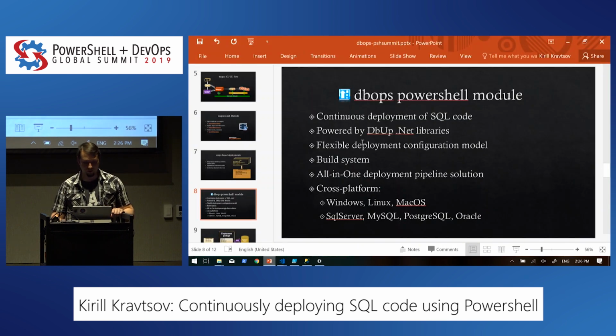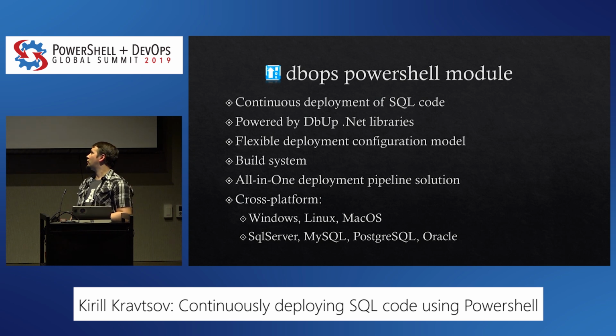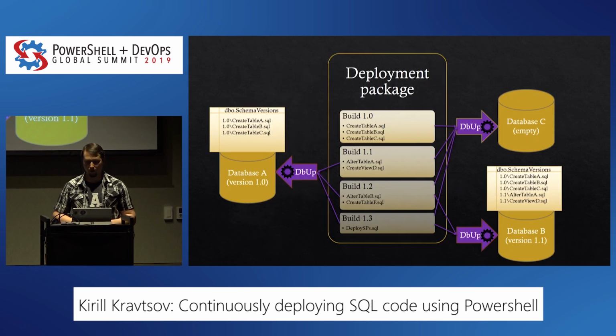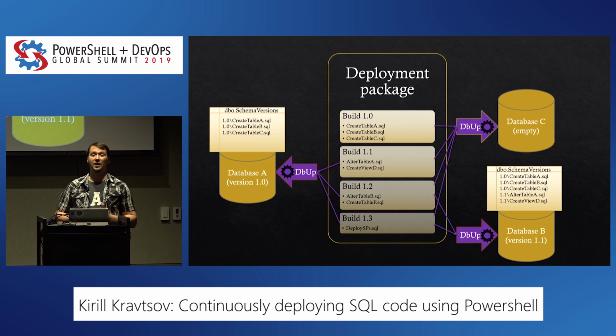But that's not necessarily the only thing that you can run. Let me go back to my presentation. I mentioned the build system. So how does that work? Something like that. There is a deployment package, and this package, similar to a DACPAC, is a zip file.